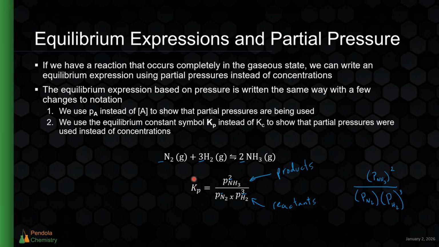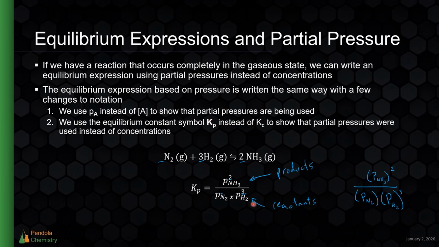The numbers are going to be different. Kp and Kc are going to be different numbers for the same reaction. We could do the Kc for this reaction, but because everything's a gas, we can also use Kp. They're the same ratio, but different numbers.